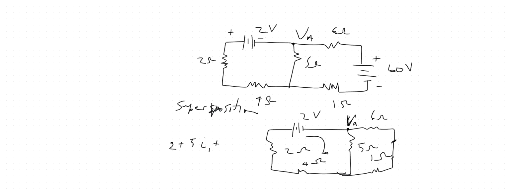The I2. Where is I2? You wouldn't consider the current going through the second loop there? Is that current going right here, in the second loop? Is there a current there? Oh, you're not considering it because we shorted the voltage source. Is that why?